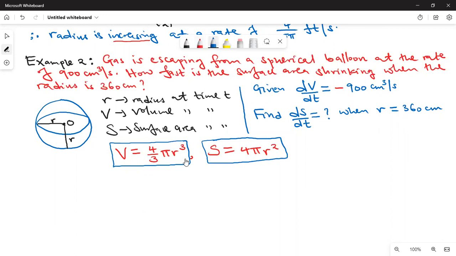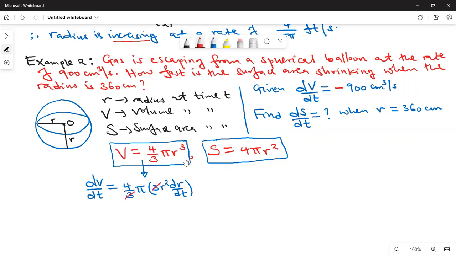Let's start by differentiating the first equation. You write here dV/dt is equal to 4 over 3 pi times 3r squared dr/dt, which if you simplify, this and this will cancel.